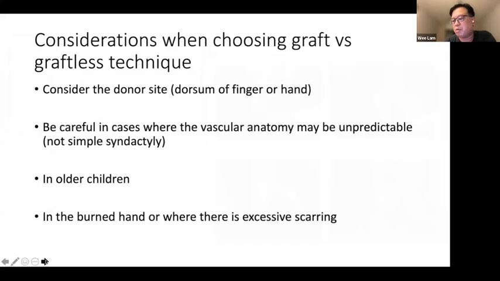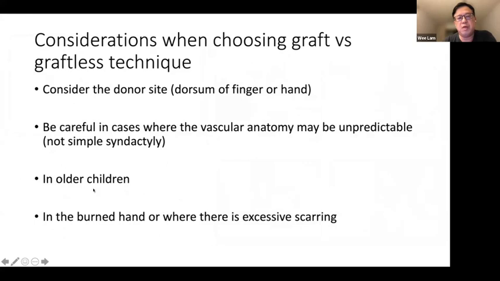I think these considerations are important in terms of the donor site, and there are also other considerations. So I think it's important to think about whether the graftless technique can be used in cases where the vascular anatomy may be unpredictable, and therefore I don't really use them in cases in which it is not a simple syndactyly.